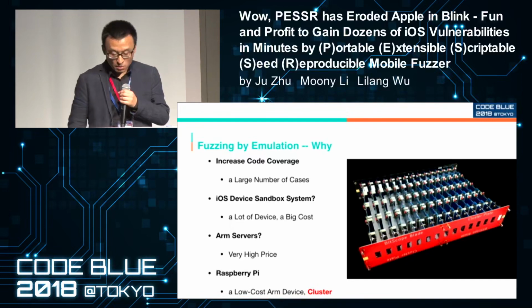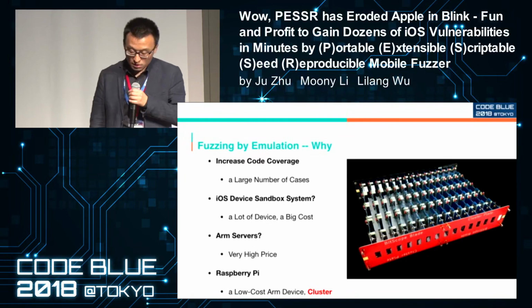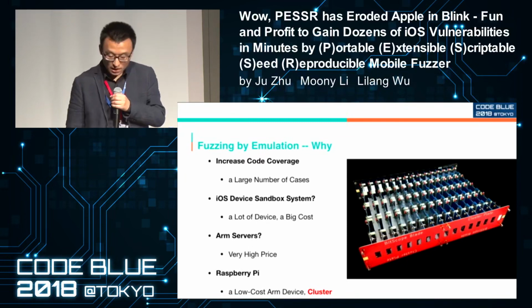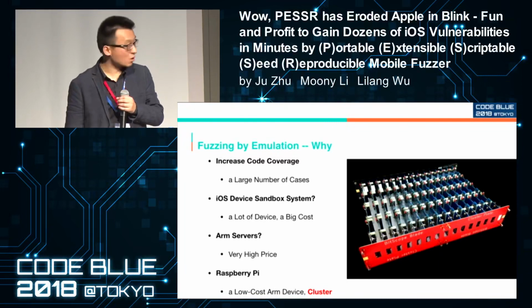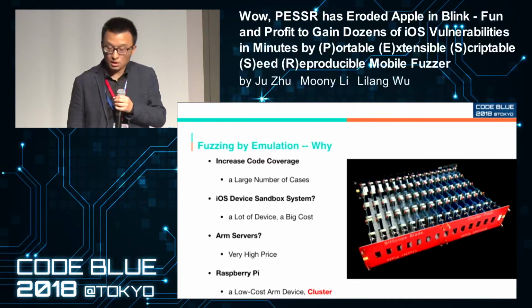Due to the limited performance of the iDevice, our efficiency is not high. To improve efficiency, a large number of iDevices would have to be purchased. This is a big cost, and for most teams it would be a big challenge.